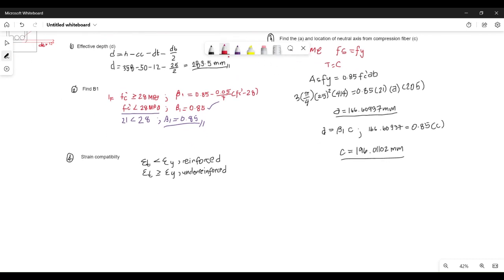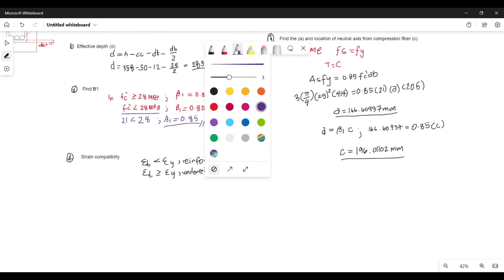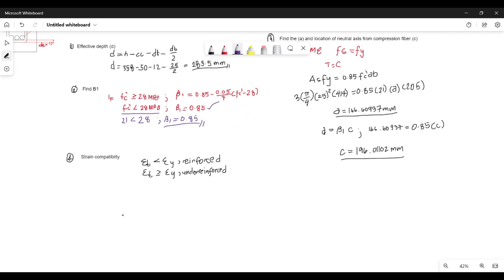So strain t is equal to 0.003 times the quantity dt minus c, all over c.